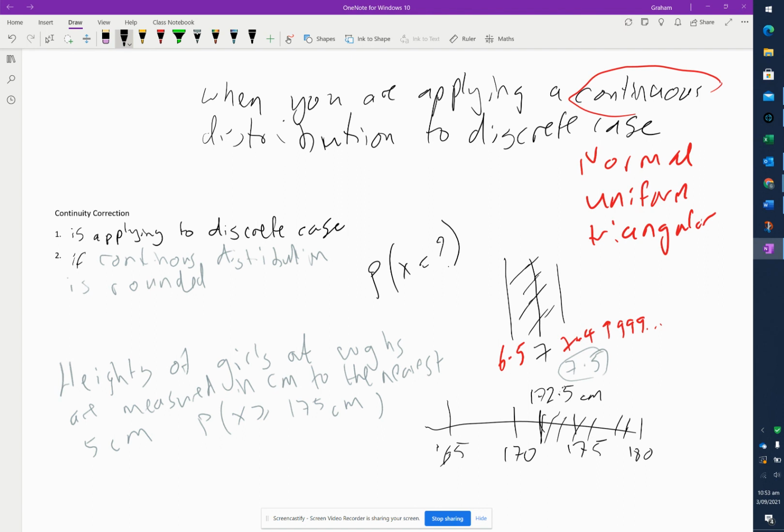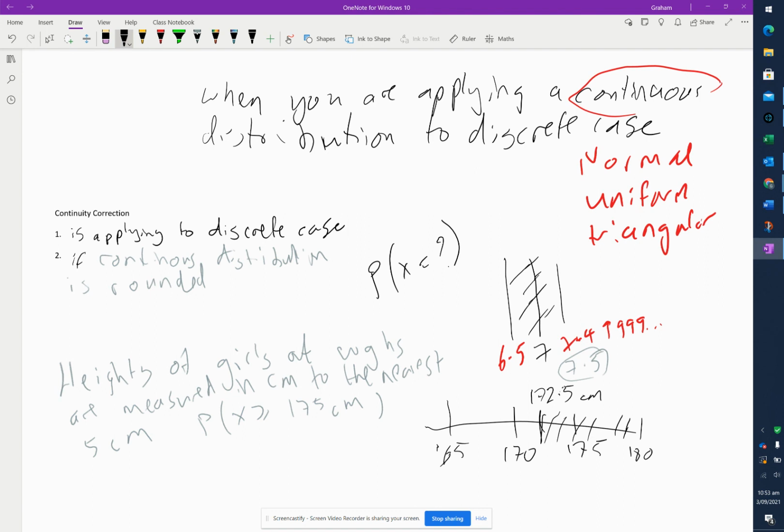So that is my first warning. Second warning is I always draw out the number line as I have done on the screen and show how I get there, because that means I'm less likely to make mistakes. Some people can do this in their head. I often would not be able to do that, so I find that the easiest way.